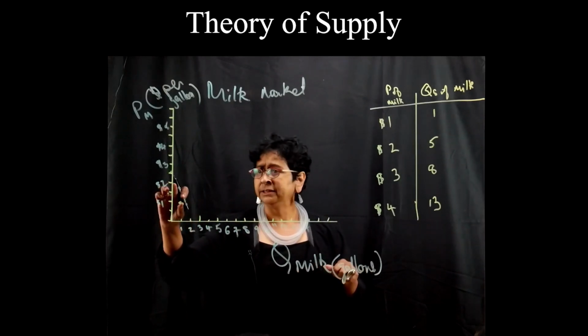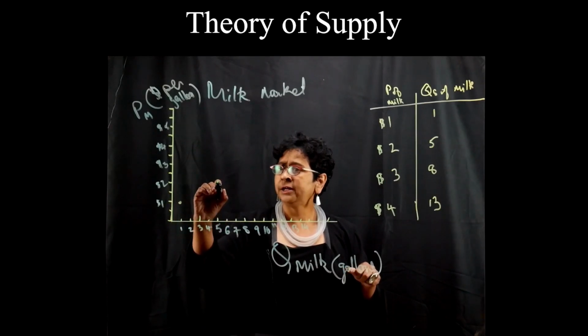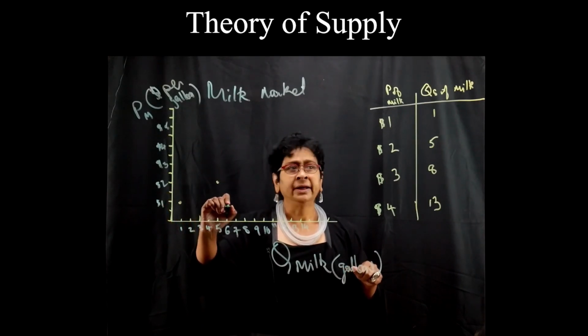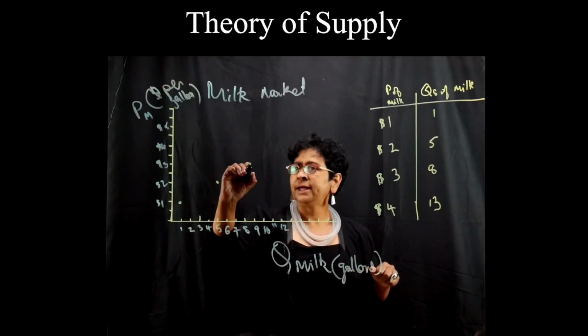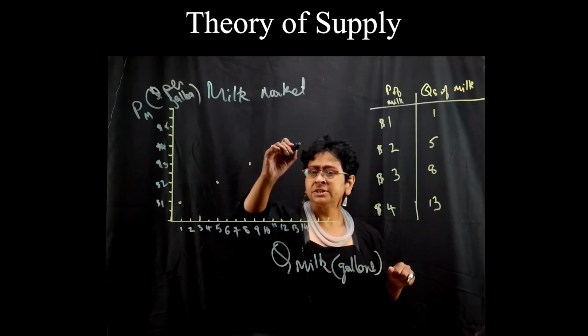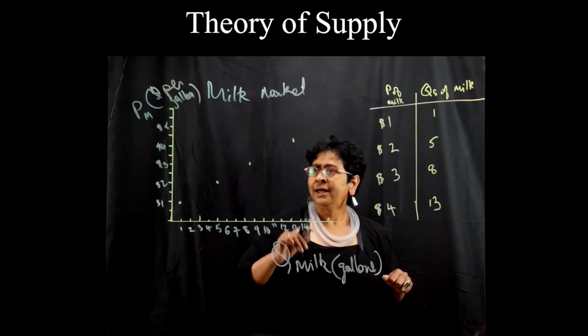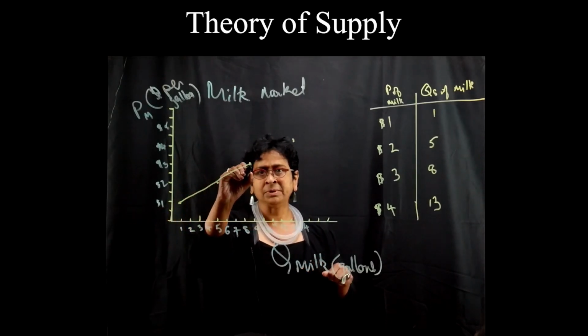At $2 per gallon, the quantity supplied is 5 over here. At $3 per gallon, the quantity supplied was 8. At $4 per gallon, the quantity supplied was 13.